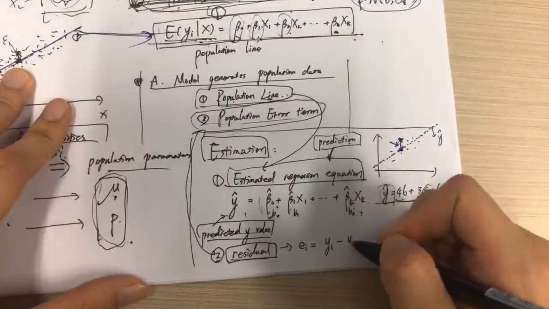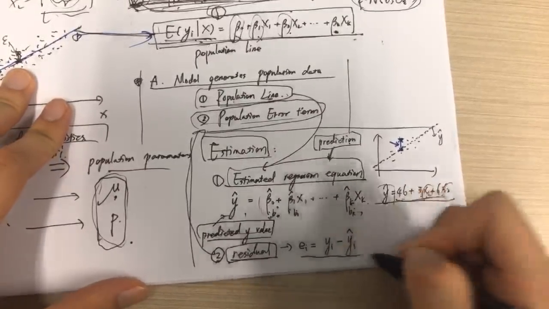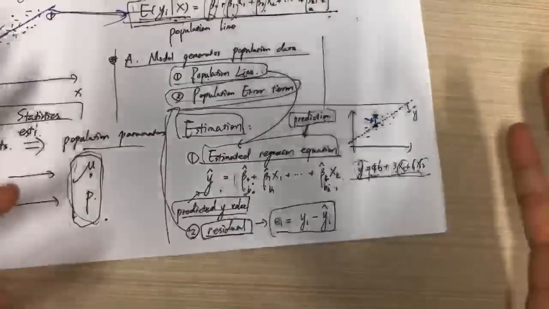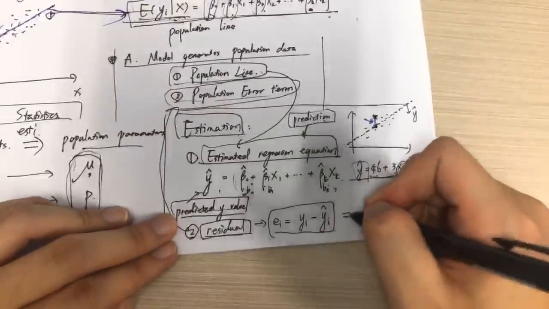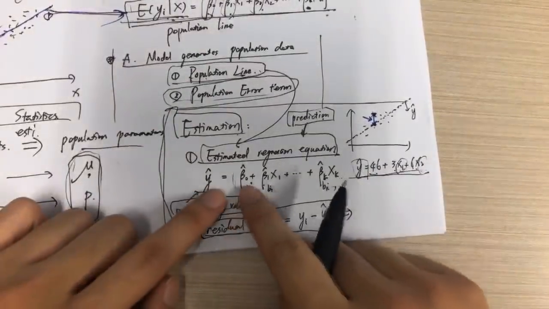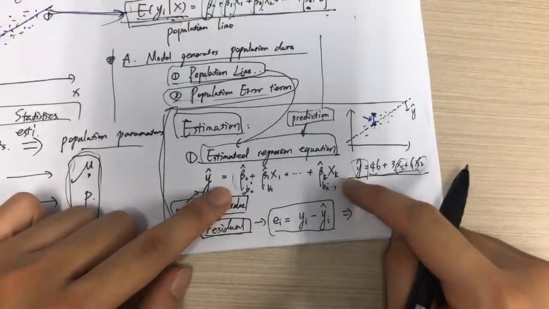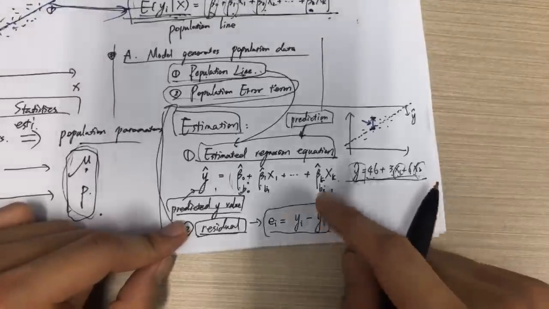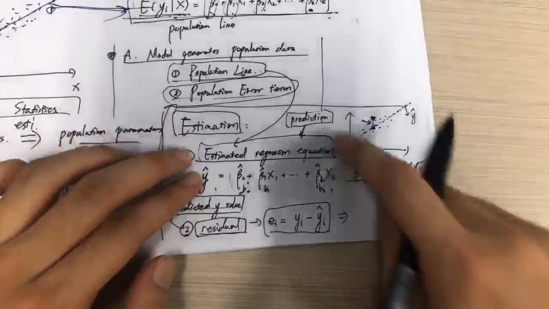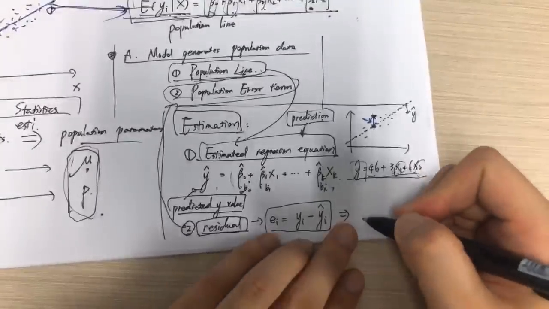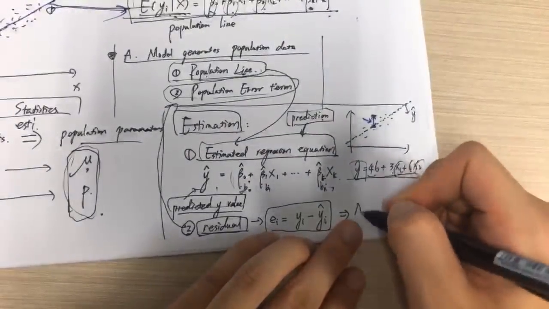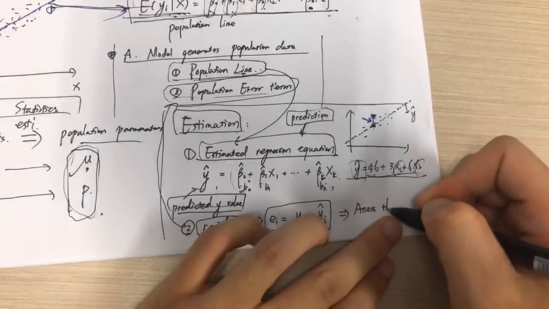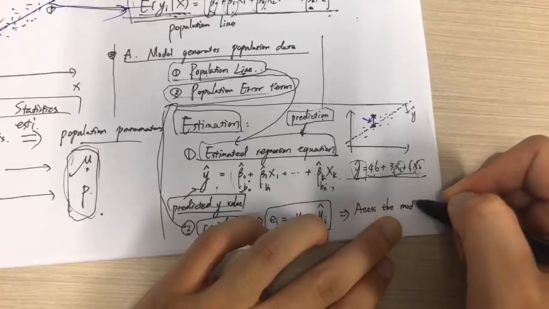So y_i minus y_i hat is called the residual. The purpose of having the residual will not help that much in terms of prediction, but it actually controls the quality of the prediction. Therefore, the residual can usually be used to assess if the model is good or not. It can be used to assess the model.